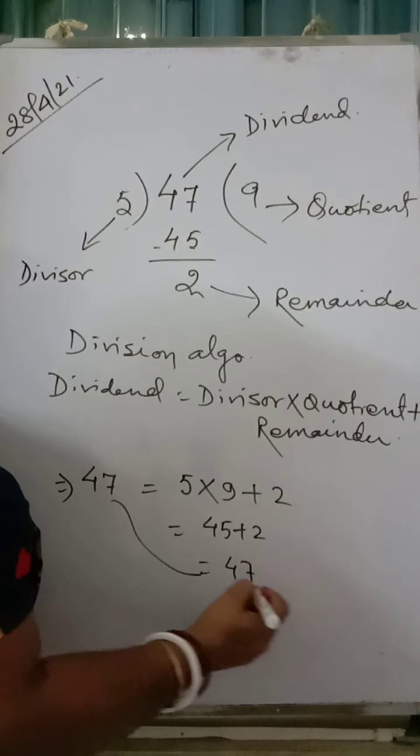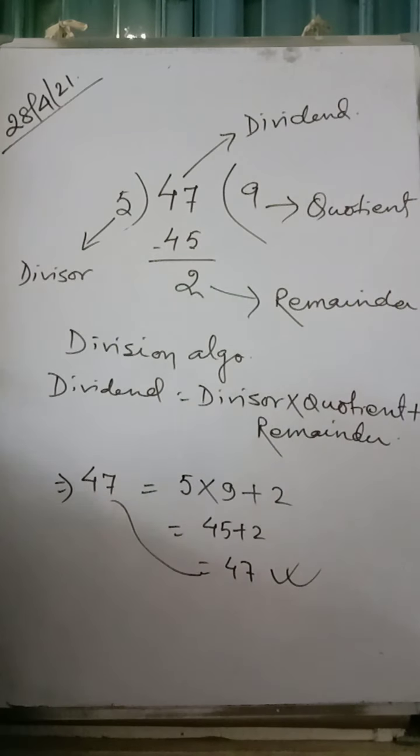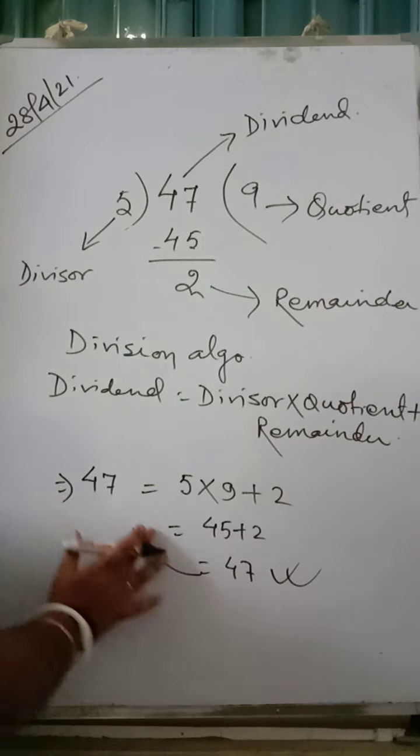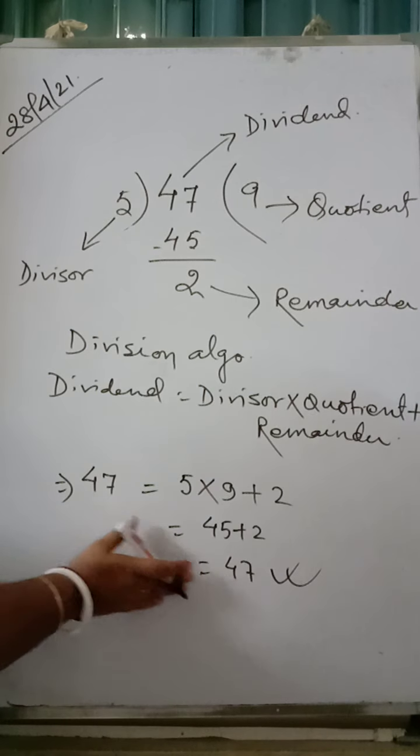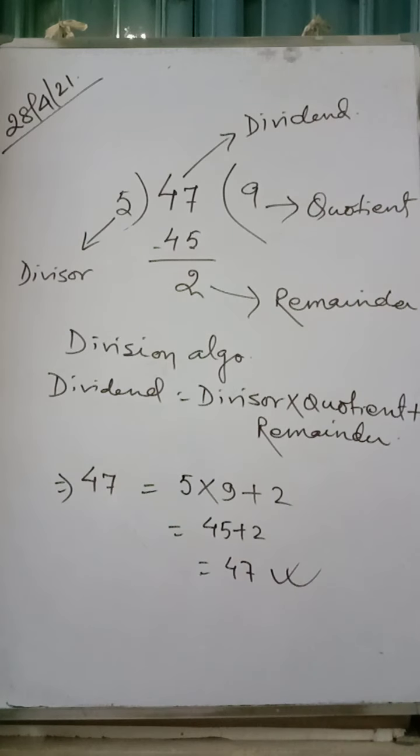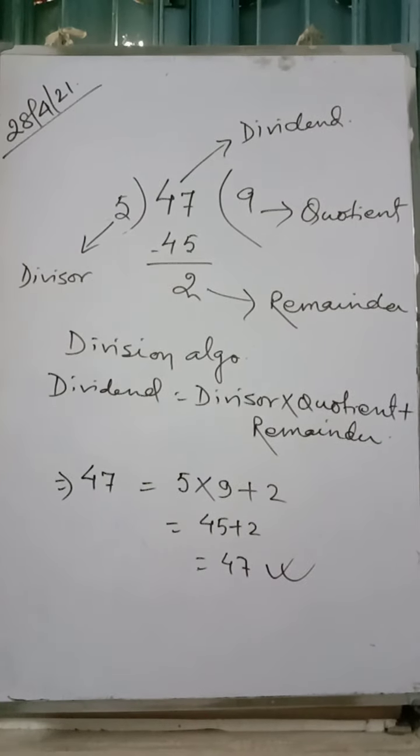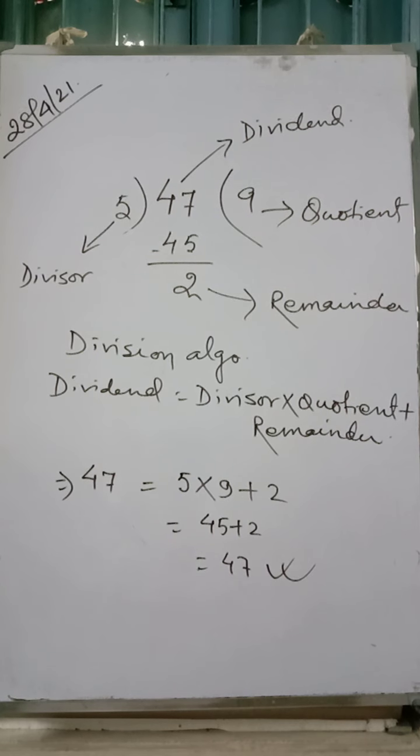It is matching. It means our division is checked. Our answer is correct. If it does not match, there is something mistaken. So you should know these portions, what they are called, is it?